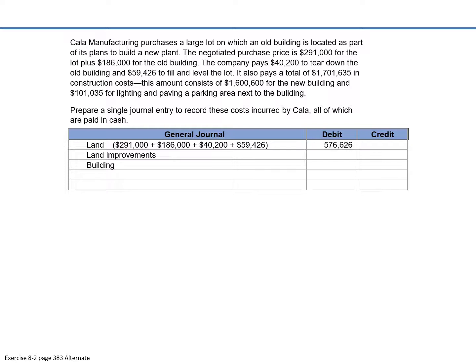So we have a total of 576,626 there. Our land improvements are 101,035 for our parking lot and our lighting. And we've got $1,600,600 for our building. And our total cash, $2,278,261.